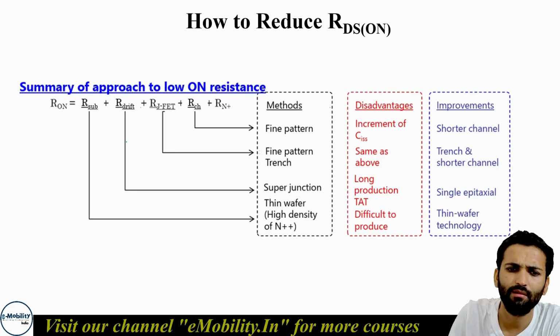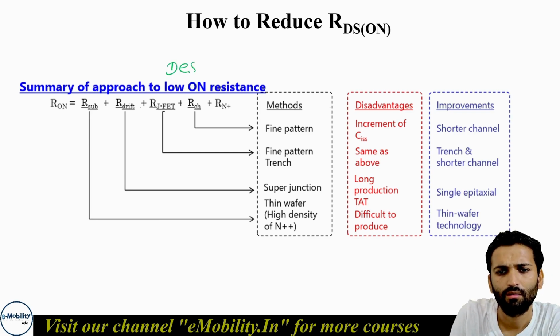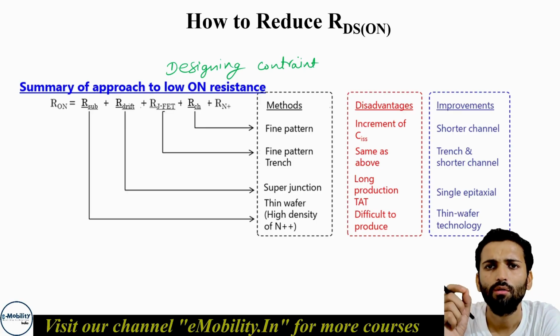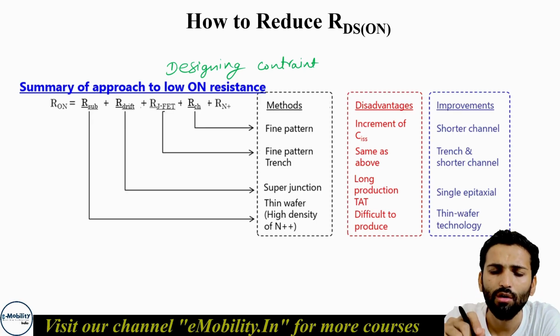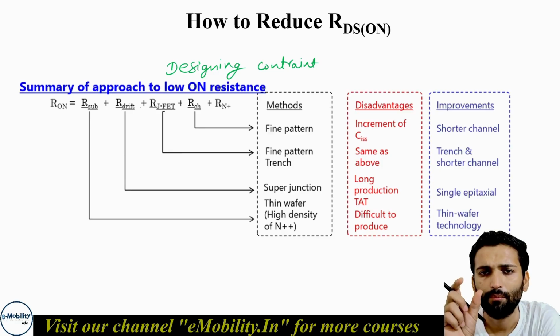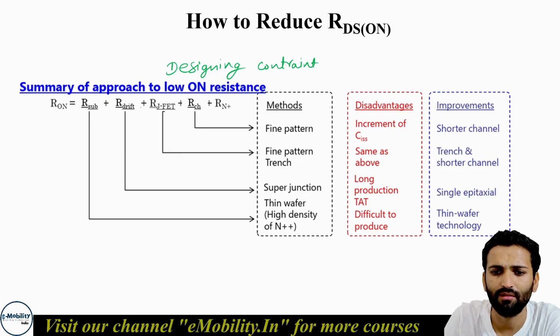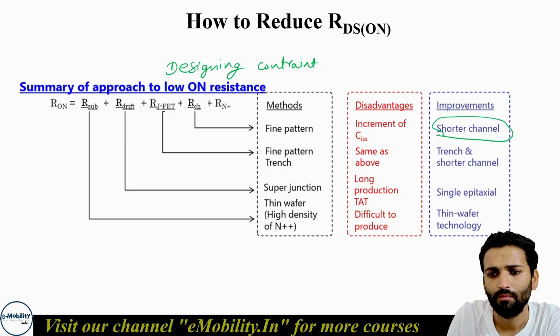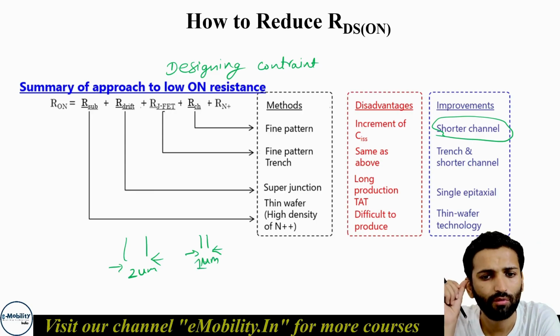This is more of a design constraint, or how the company reduces the RDS on by reducing the channel width and other things. So for example, we can improve our channel by shortening it. If the channel width is, say, 2 micrometer and you reduce it to 1 micrometer, you will be reducing the resistance of that channel.